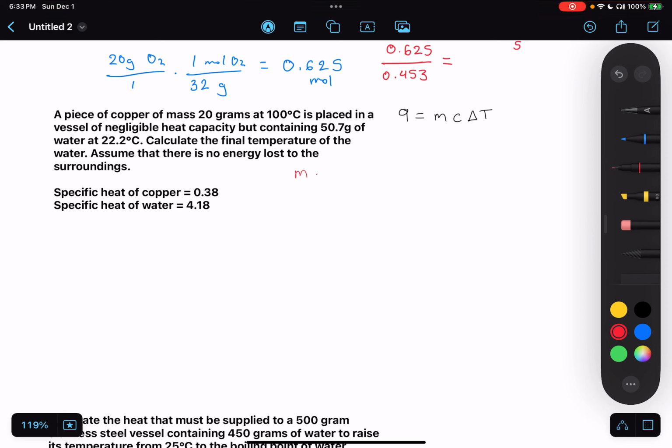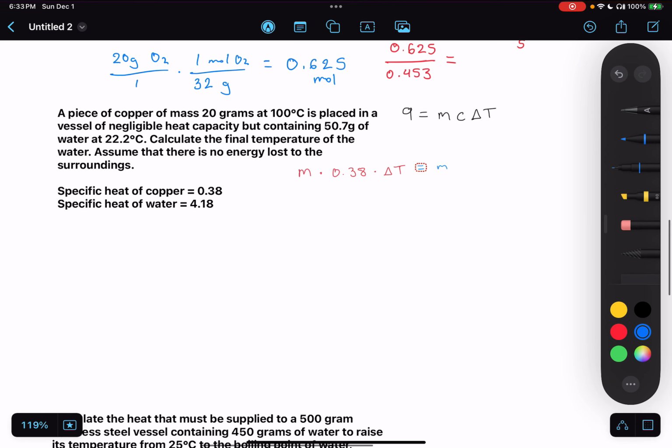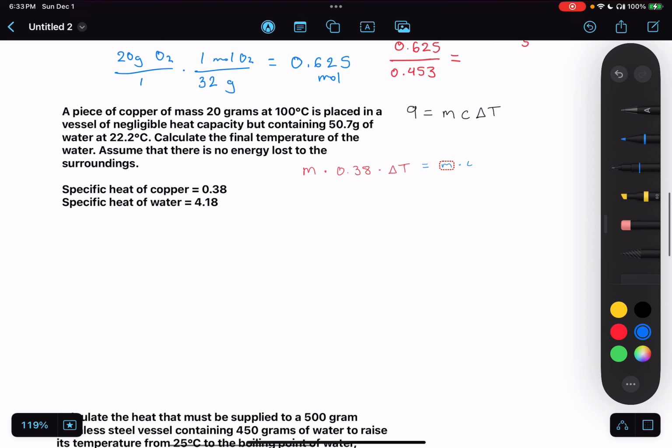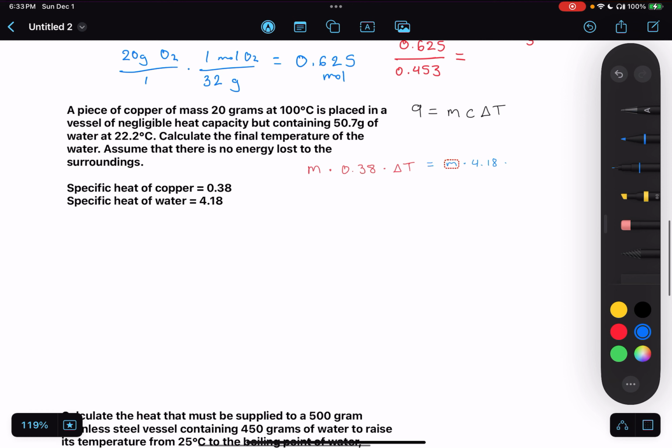M times 0.38, times the delta T, is going to be equal to the mass of water, however much water we have, times the specific heat of water, 4.18, times the temperature change of water. Okay, so all we really got to do is plug in our numbers. It's going to look a little funky when we put everything together.